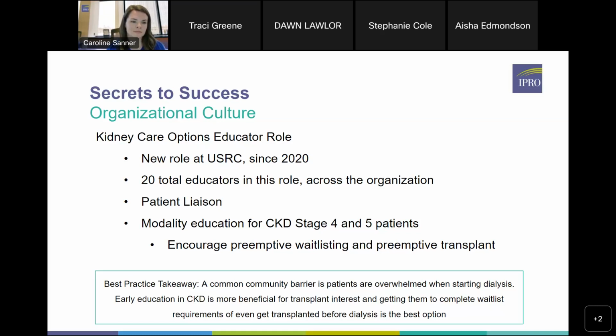There's about 20 of us now across the organization. And as we continue our success, the company is planning on extending that to more educators throughout the United States.